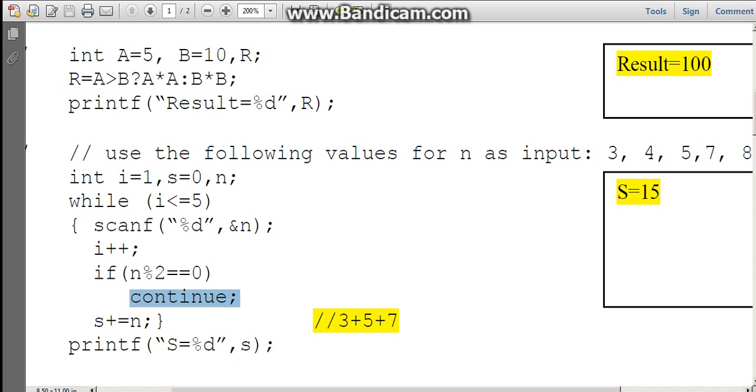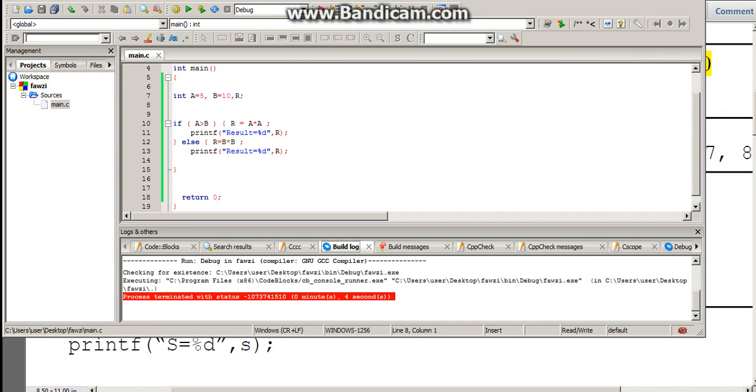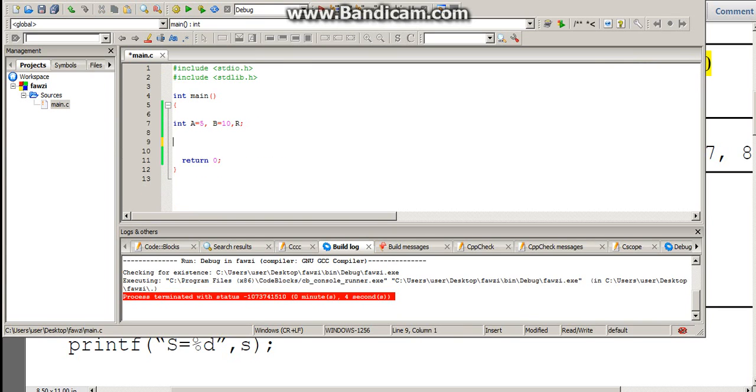So if n is, for example, 4, they will escape this one, but here it is 3, so they will not escape. They will put it here in this formula, which is s plus equal n.